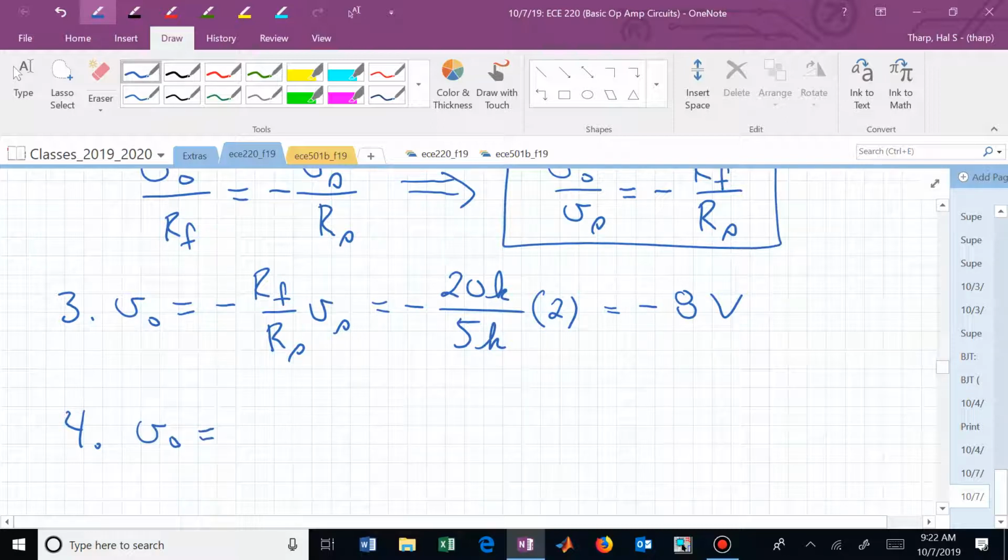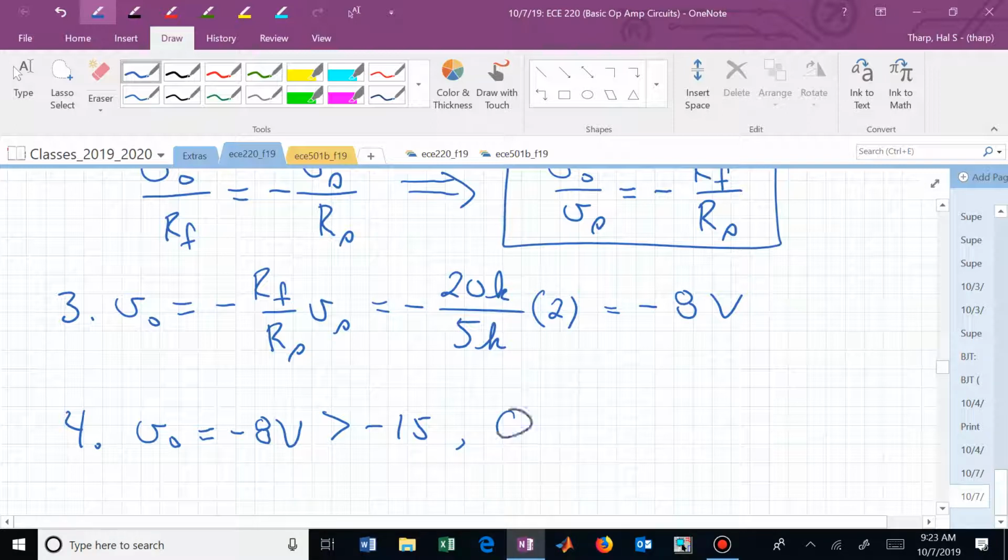We have V sub 0 as minus 8 volts. And is that within minus 15 and plus 15? Is this actually bigger than the lower limit, which is our lower supply voltage value of minus 15? And it is. It's less in magnitude than 15.